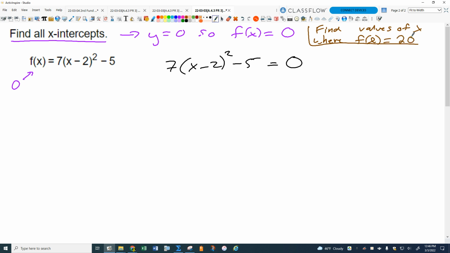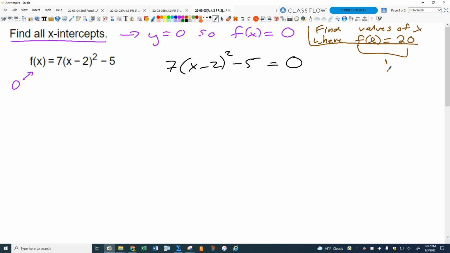What would I do? Yeah, plug 20 in for f of x and solve. If I can give the equation to the math gods through algebra, they will tell us the answers. But I've got to know how to ask the question.